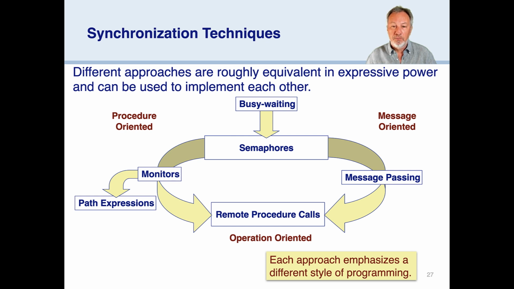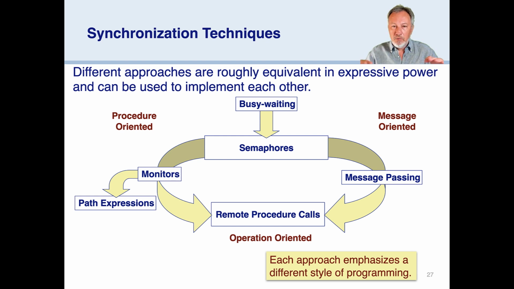The most primitive technique is that of busy waiting. We'll see that in a moment. We'll see each of these techniques. So with busy waiting, a process is constantly checking to see if the condition it's waiting for has been fulfilled, that a lock has been released, that a piece of data is available, that there's a message in a queue, and so on.